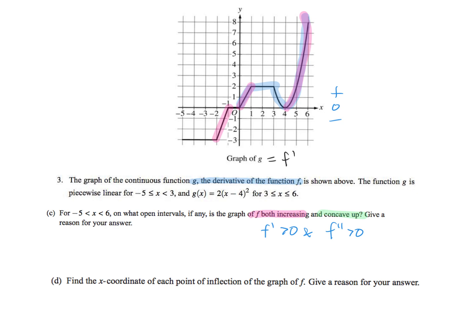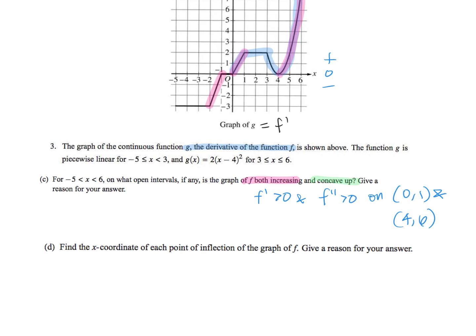Where did my blue and pink overlap? 0 to 1, and 4 to, on this one, actually, we're going to stop it at 6, only because we're going from -5 to 6. Good call. Perfect.